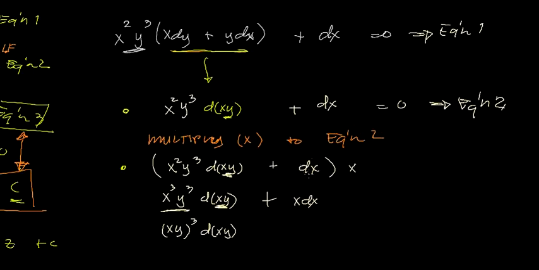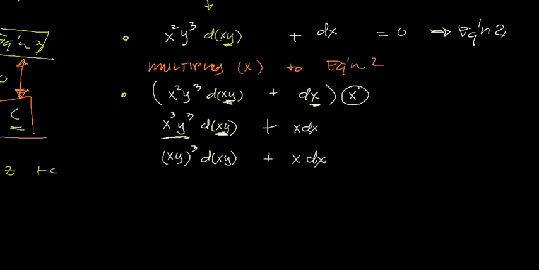Since on this part we need to make it purely a variable of x alone, by choosing x to multiply on this equation, it makes this part work. So we have (xy) cubed d(xy) plus x dx, and we forgot the equal 0.